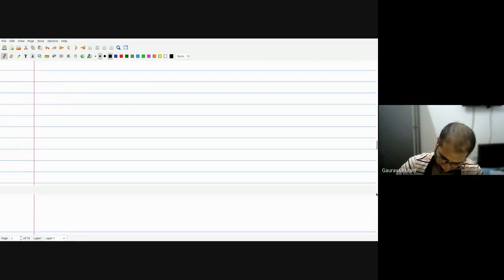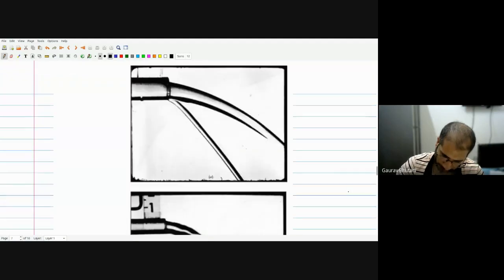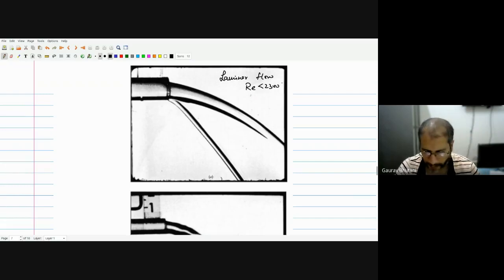So in fact, I've got a picture here. So you can see this picture. This is an example or a photo taken for laminar flow. You can see that it's a very transparent flow, very ordered.